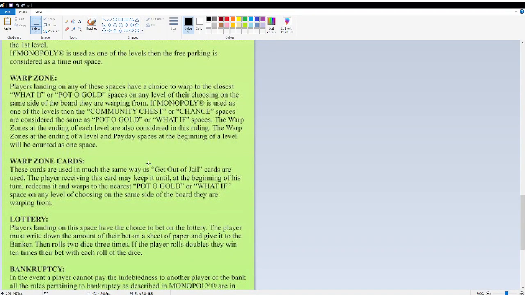Anyways, so for Megaopoly, in order to change boards at all off of the default game board, you have to land on go. You know what?